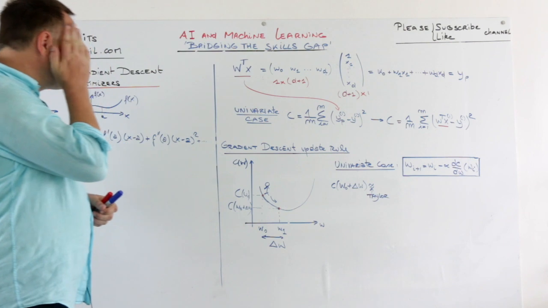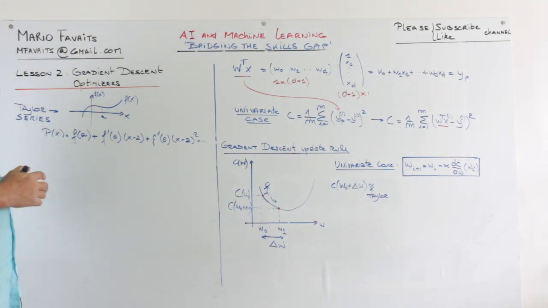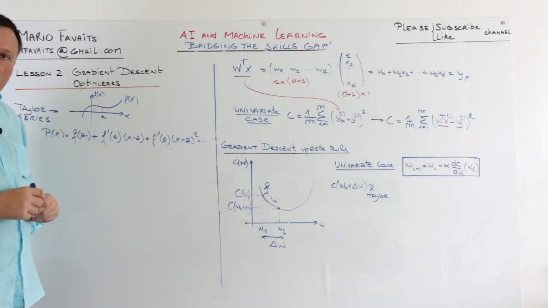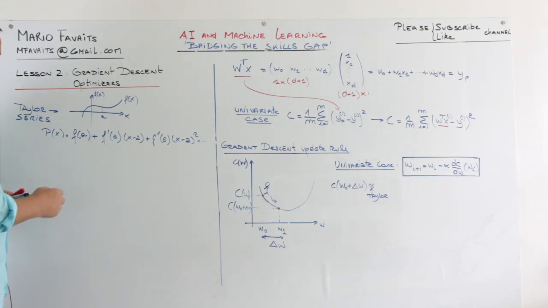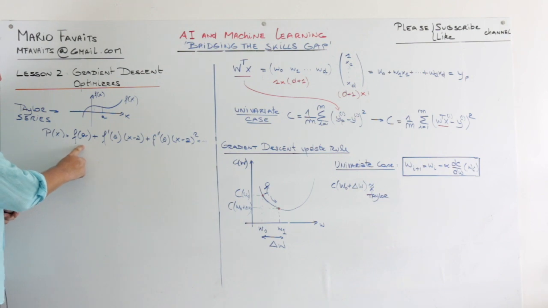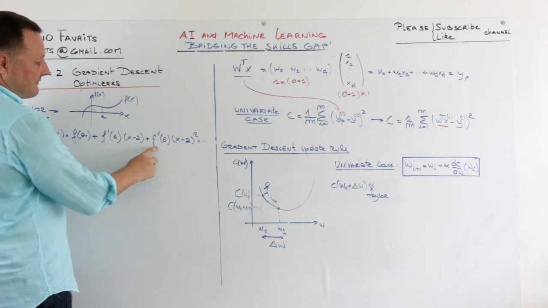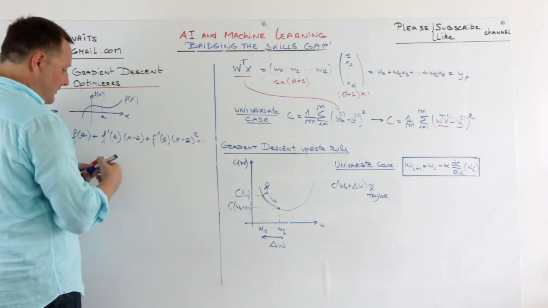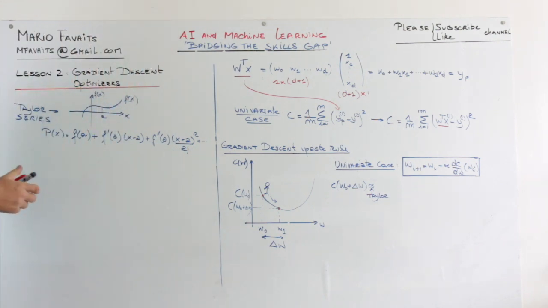And remember, in the calculus refresher, we saw the Taylor series. What does the Taylor series do? Well, it allows you to approximate a function by a polynomial near some point A. So we derive this formula. The polynomial equals f of A plus f prime of A times x minus A plus f double prime of A times x minus A squared, and I forgot here to divide by 2 factorial. This is what we saw last time.